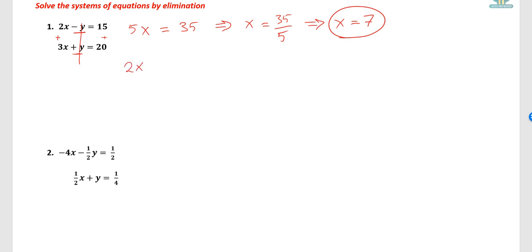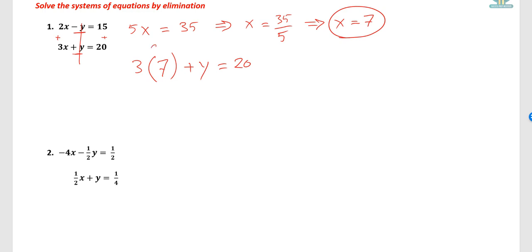Let's plug into the first equation. So 2x minus, so this would be 2 times, actually let's plug into the second equation, to avoid the negative sign. Again, it's a matter of choice, choose whatever is easier for you. You can plug into either equation. So 3 times, now the x is equal to 7, so 3 times 7 plus y equals 20.